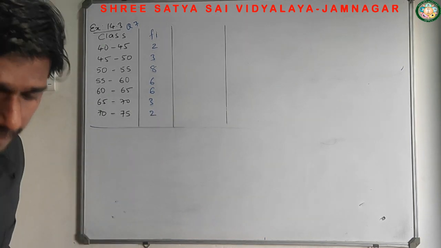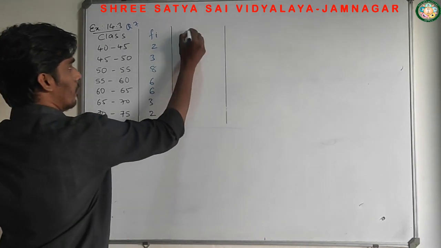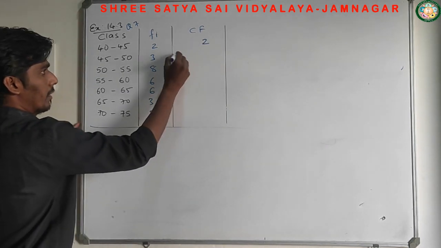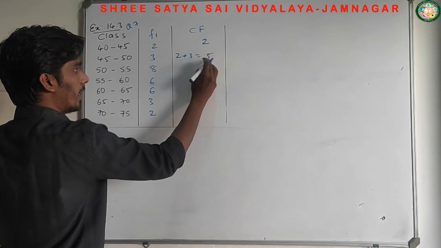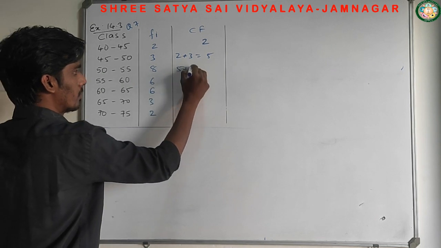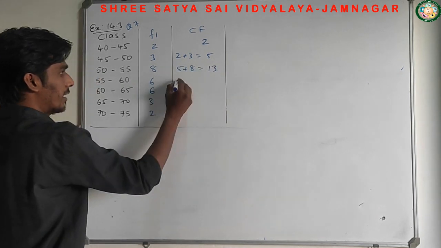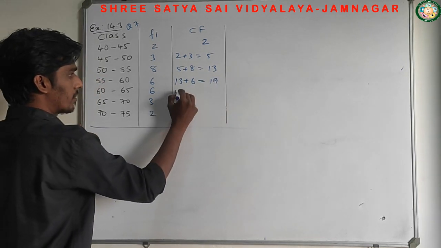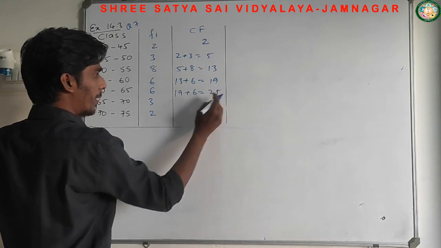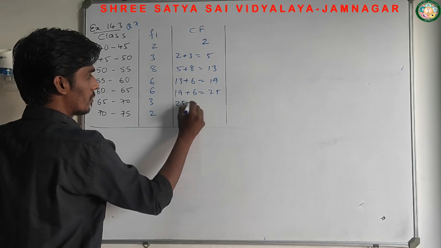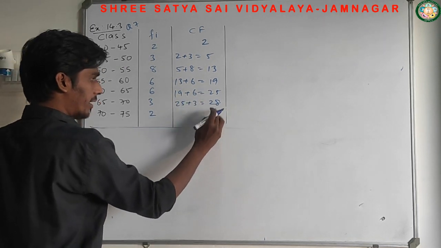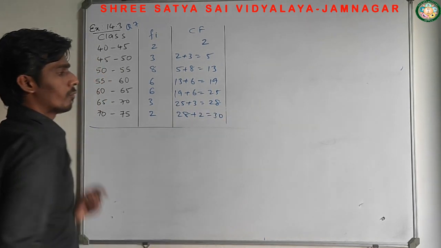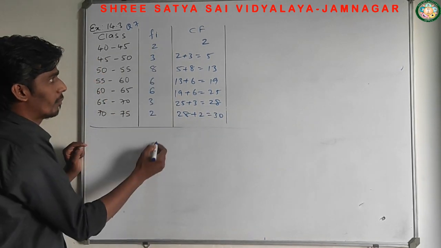First of all, you have to find the CF. So 2 as it is. Now 2 plus 3 is 5. 5 plus 8 is 13. 13 plus 6 is 19. 19 plus 6 is 25. 25 plus 3 is 28. 28 plus 2 is 30.